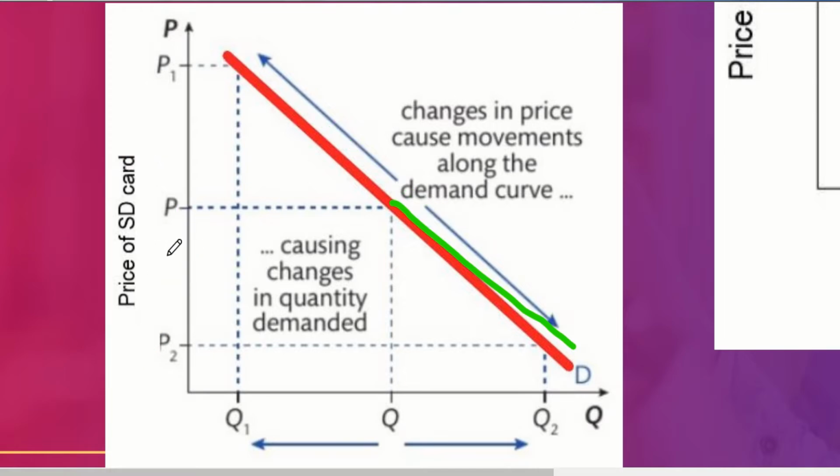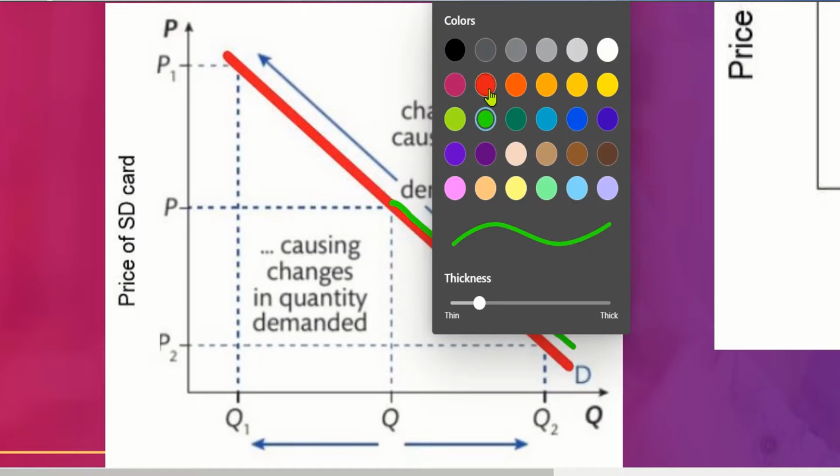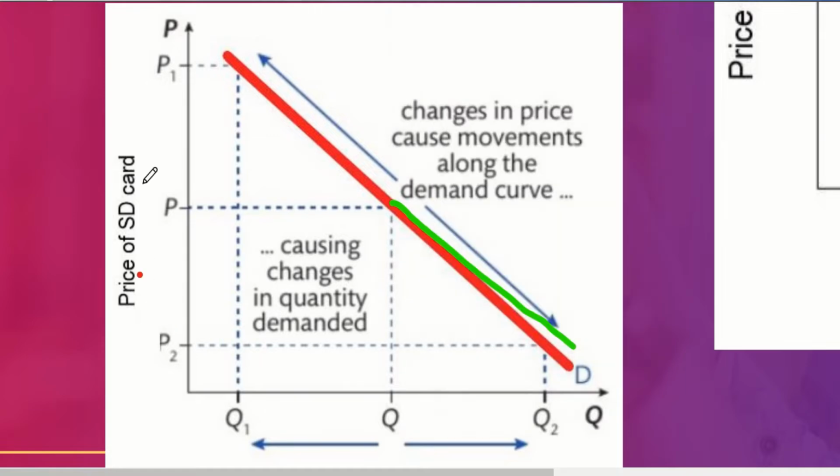See, if the price of the SD card is increasing from P to P1, then quantity also changes from Q to Q1. This is said to be a contraction in the demand curve, which means the quantity is decreasing.